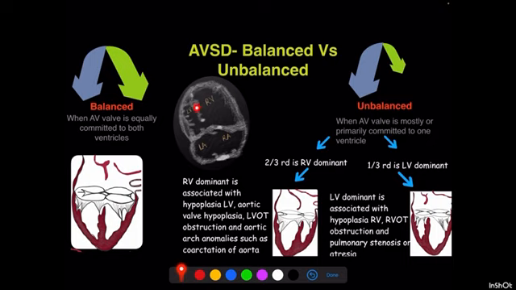Like in this case, it is committed mostly to the right ventricle, and then the left side becomes small, including the outflows, leading to outflow obstruction or arch abnormalities and aortic valve hypoplasia. When the left side is dominant, the right side structures undergo hypoplasia, like right ventricular hypoplasia, RVOT obstruction, pulmonary stenosis, and atresia.